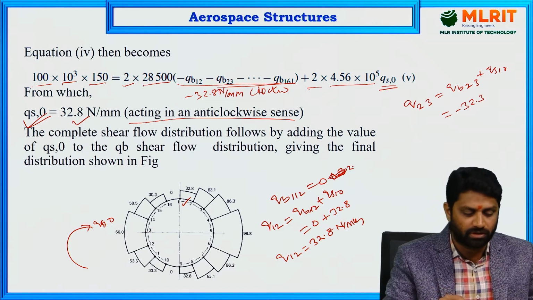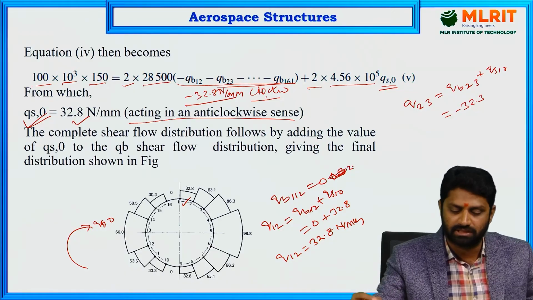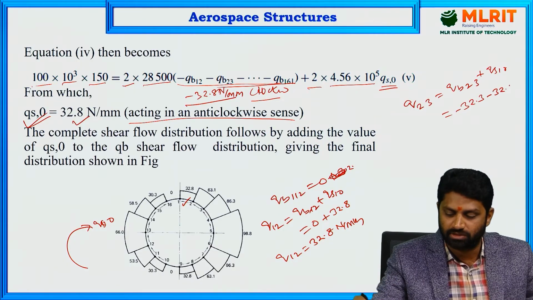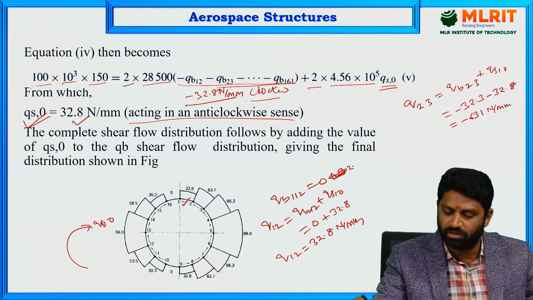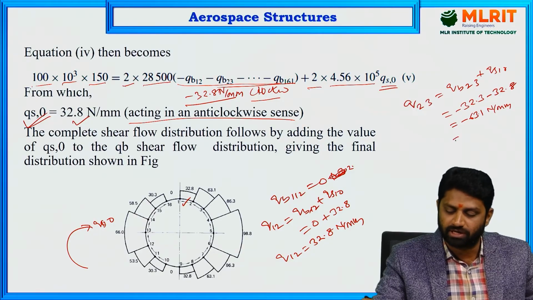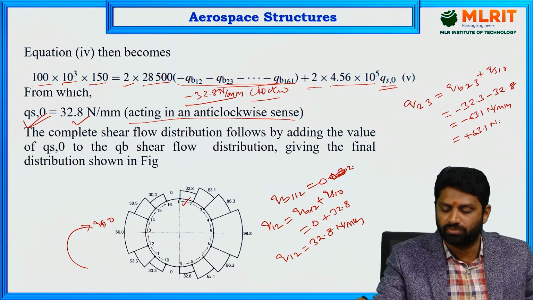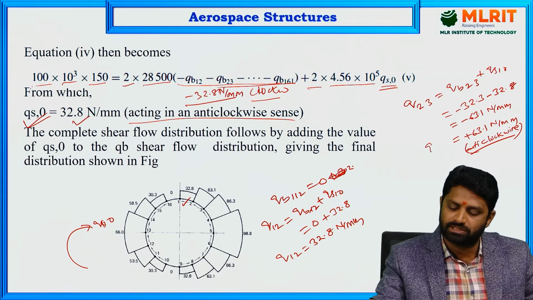Now this we got minus 32.8 in the clockwise sense. In the similar sense, you can add minus 32.8. So together you are going to get minus 63.1 Newton per mm. But this is in which direction? Clockwise direction. So if you write in the anti-clockwise direction, you can write this as 63.1 Newton per mm anti-clockwise. Okay, this is Q23 actual.